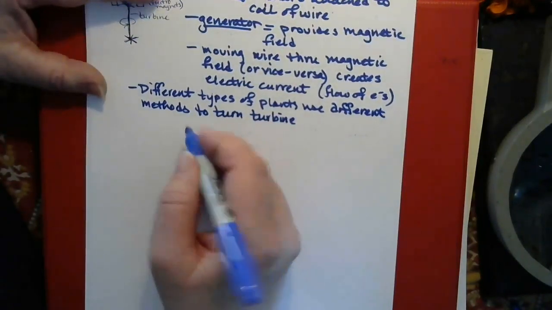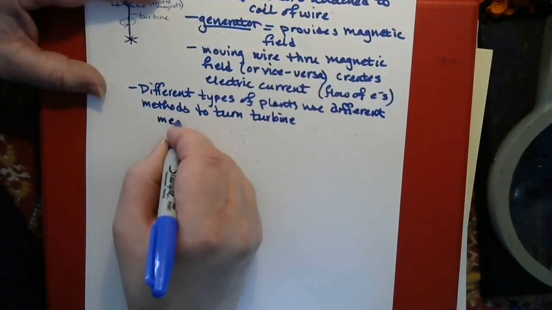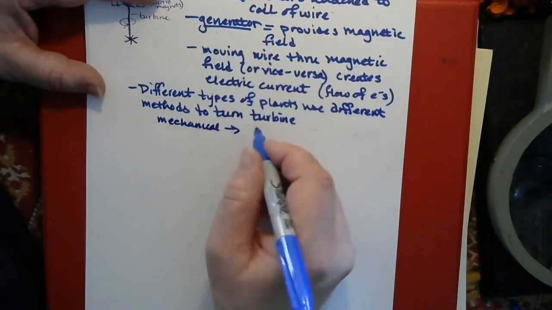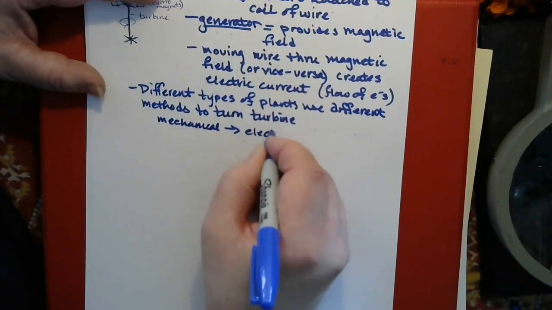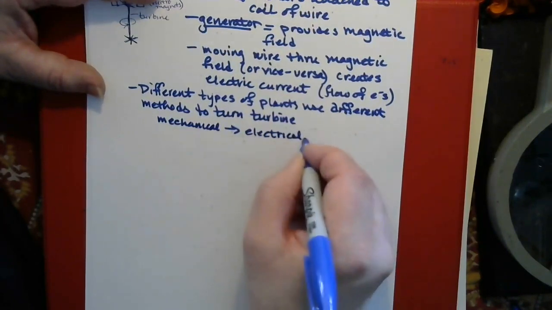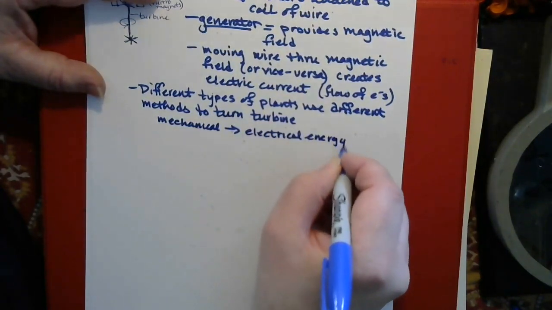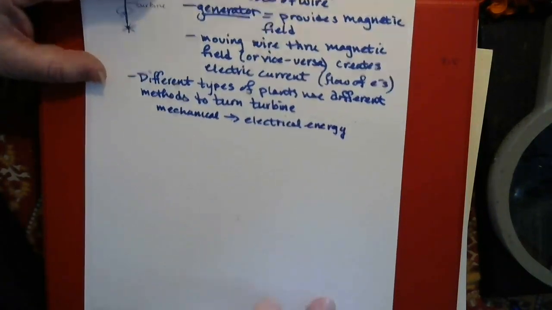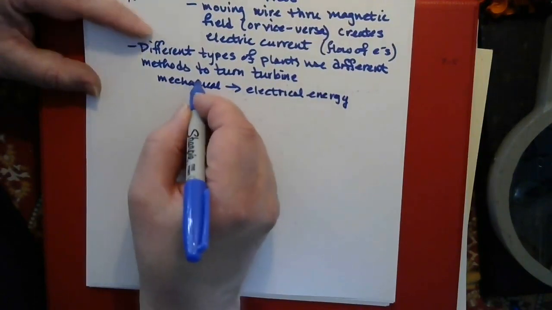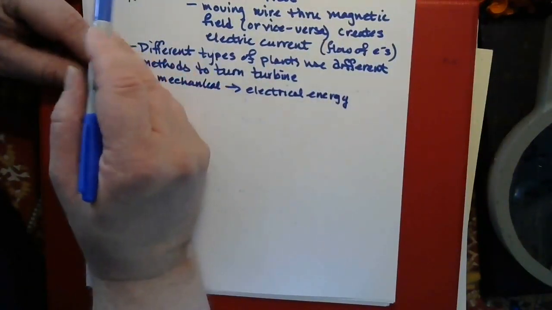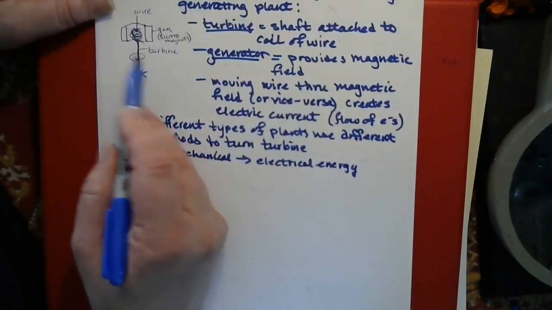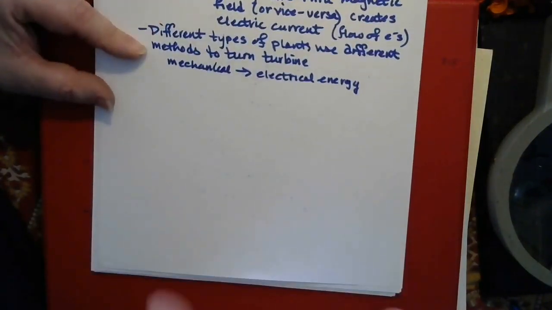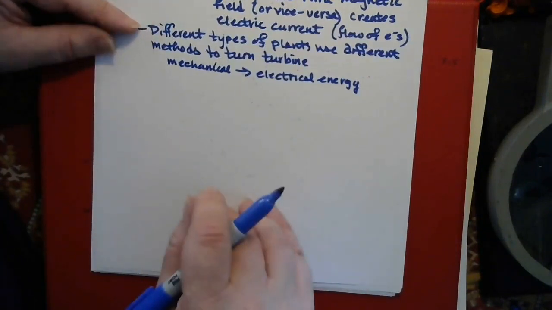And so basically, we're converting mechanical energy to electrical energy. And we do that in a variety of ways. We do it, of course, mostly by making that turbine spin so that the wire can spin around in the magnetic field. But like I said, how do we make the turbine turn?